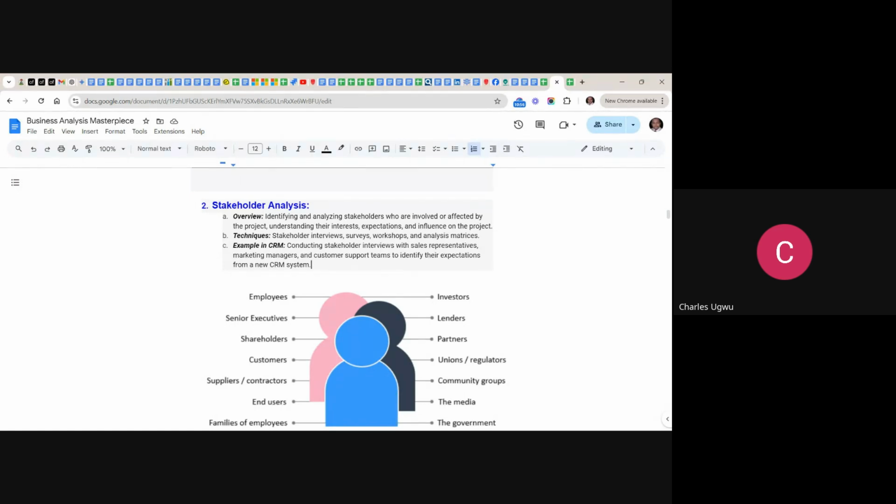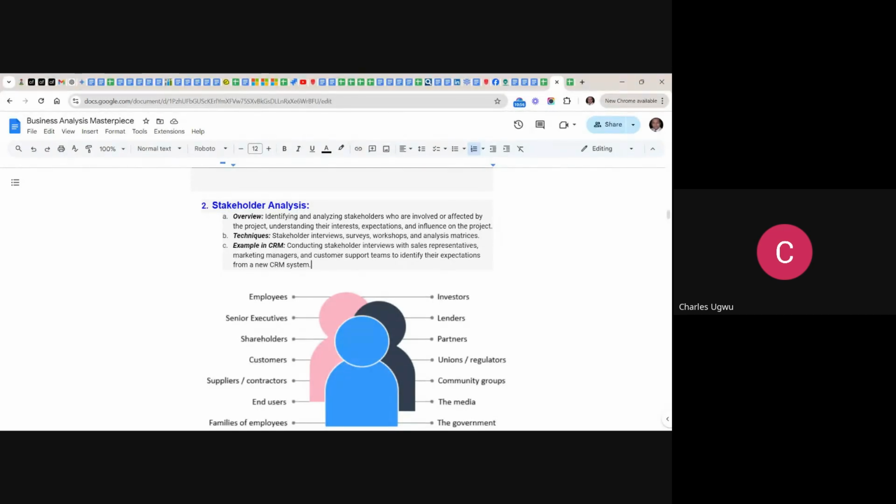It's very, very important. I will use a CRM system, for instance. You are implementing a CRM system. Who is going to use this CRM system? Sales reps, marketing agents or marketing officers. These are the people using it.